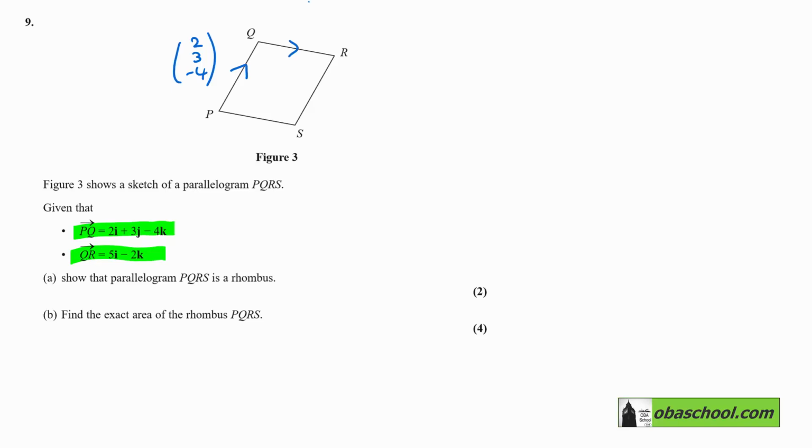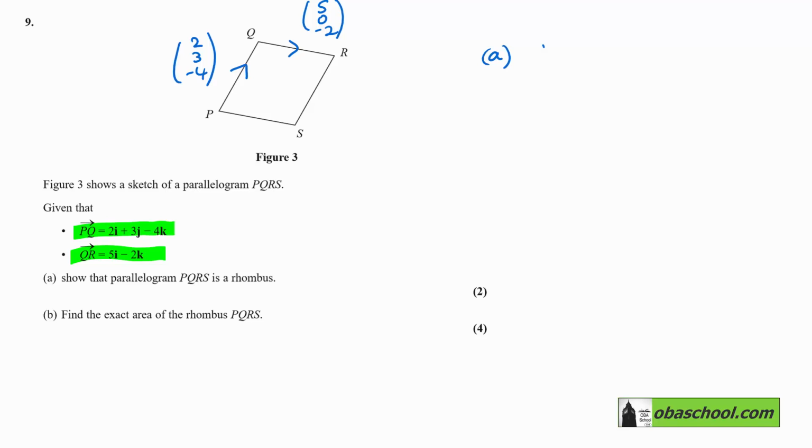In column vectors, that would be (5, 0, -2). The first thing we want to do in part A is show the parallelogram is actually a rhombus, and that means the sides would be the same length.